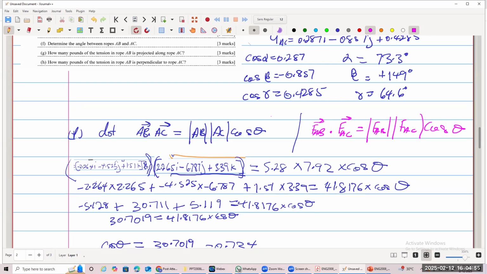So whether you use the position vector of the line, the length of the line, or you use the force, it is the same thing, because they have one thing in common: the unit vector is the same, whether it's the force or the line. Do you get that? The commonality between the position vector and the force is the unit vector.